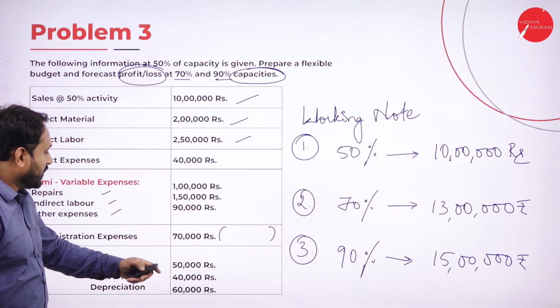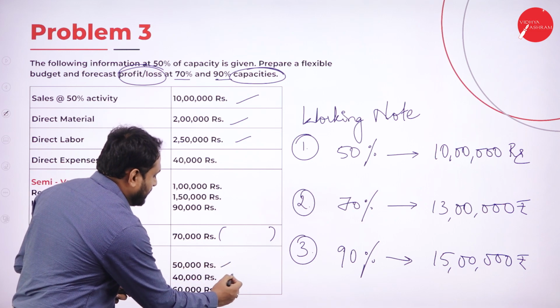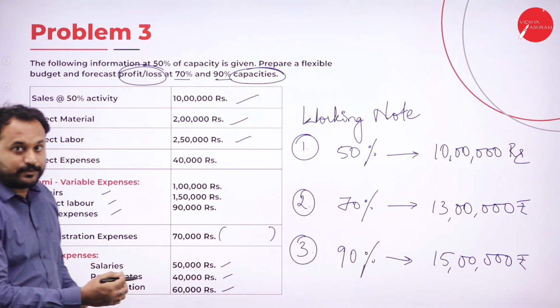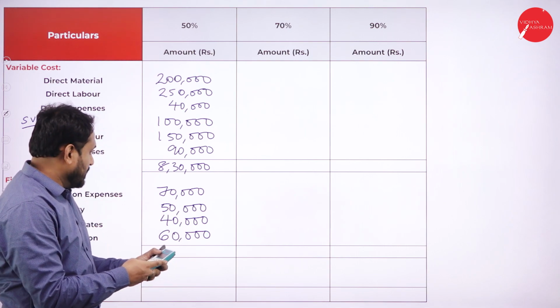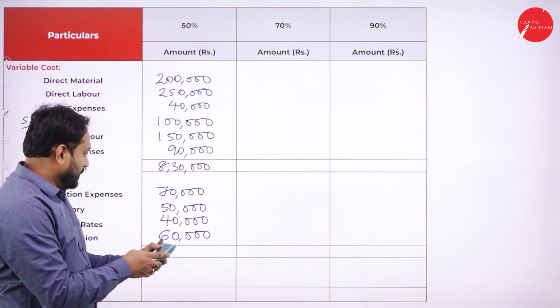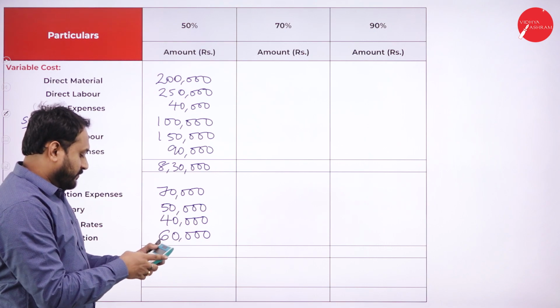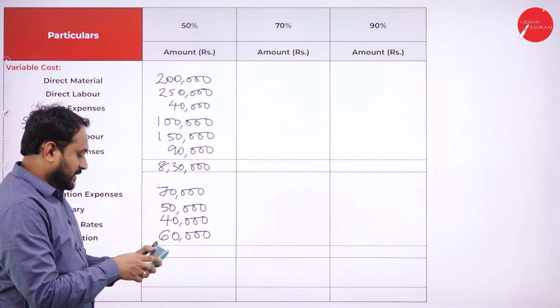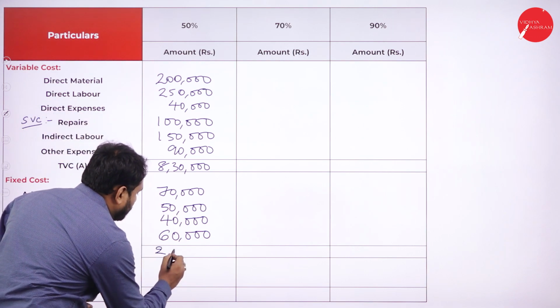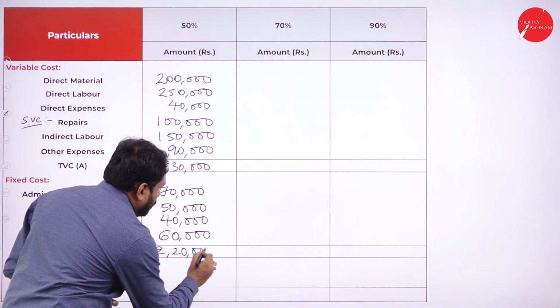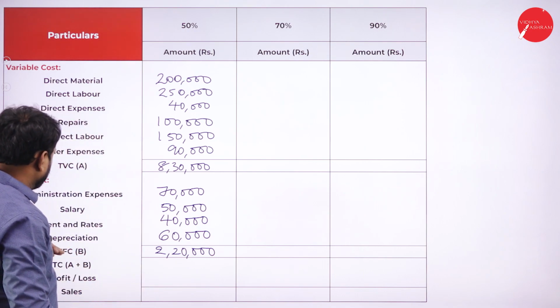So we have taken these entries also. So take your calculator and go with it. We have 70 plus 50 plus 40 plus 60. It is 2,20,000. So we have 2,20,000 rupees. Now total cost is there.